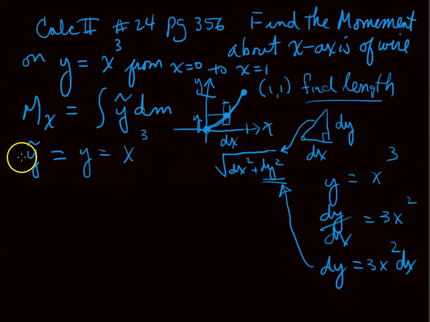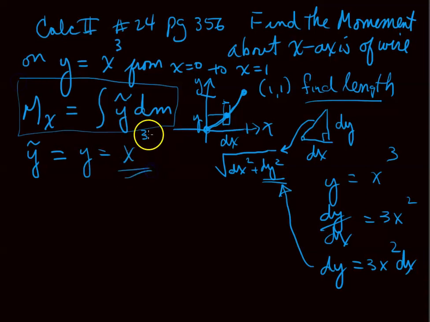So let's see. This is what I'm looking for. I need the y tilde, which is this. I need the dm, which is the constant delta times this length.